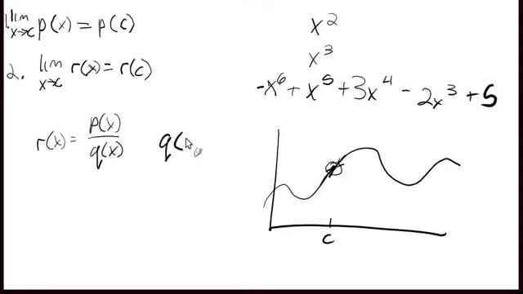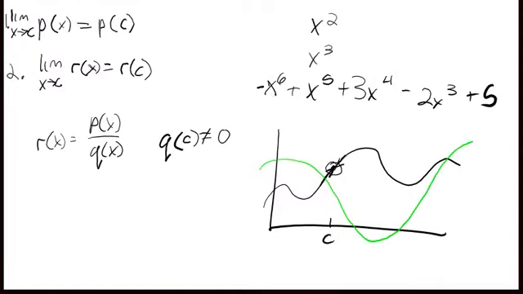But the only thing is that at that point c, q of c cannot be equal to 0. To get a picture of this, let's call this one p and this one q.